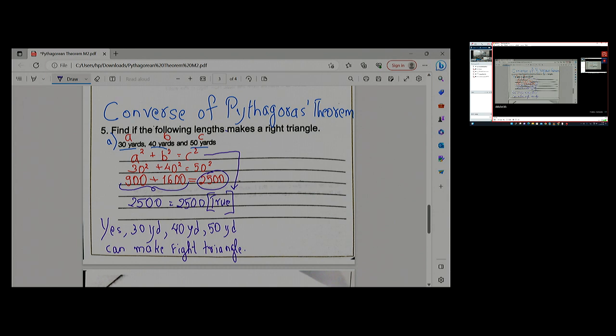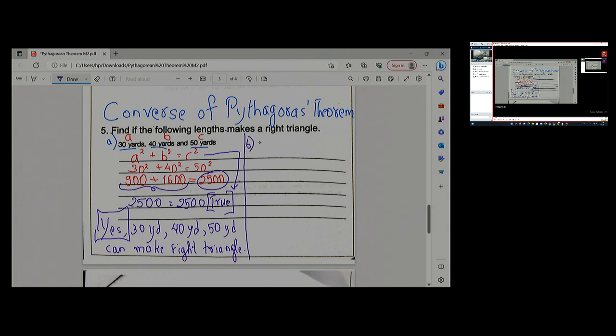Understand? So your answer is yes. It can make a right triangle. Do you understand? Yes? You try question number B.